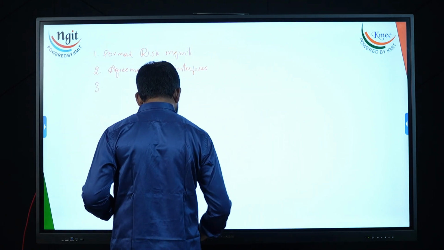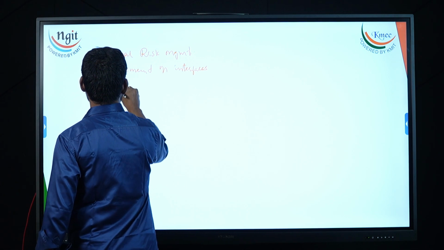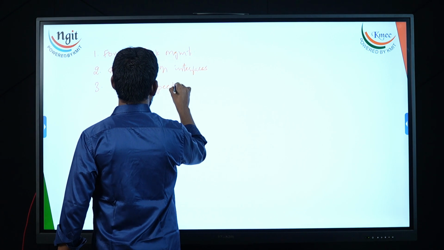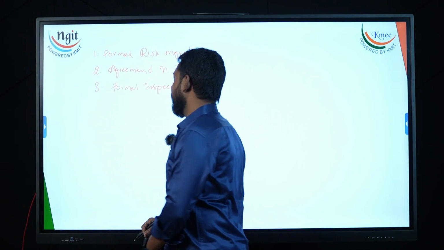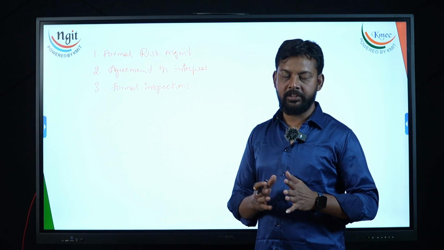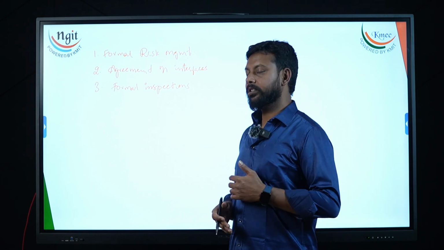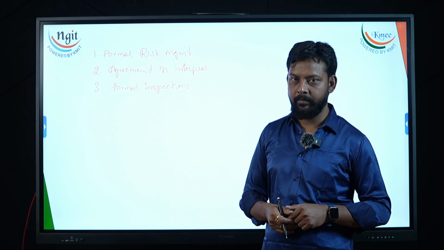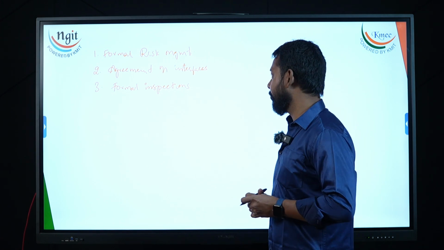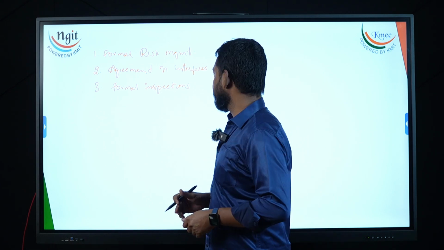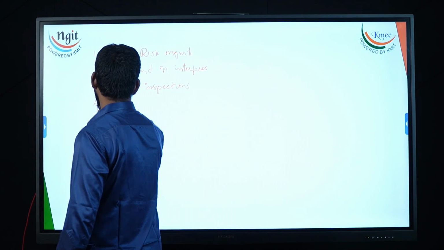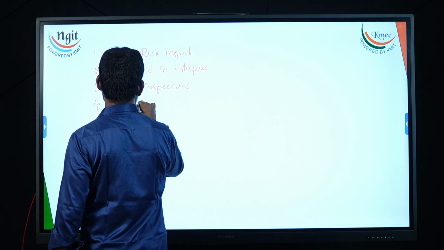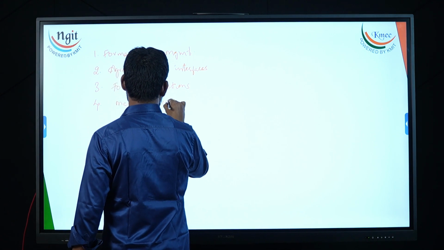Third you have formal inspections. What are formal inspections? They help you in understanding whether your project is behaving accordingly or not. Formal inspections will also show whether your project development team has gone wrong at any point, and help correct those errors. Fourth you have metric based schedule.